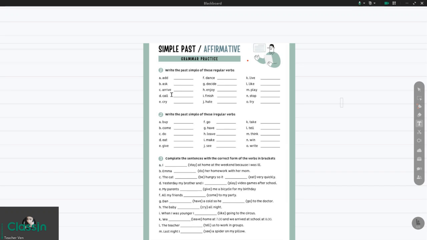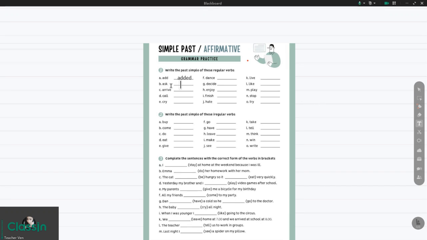For this one, letter A, we have add. So what is the past simple form of these regular verbs? Okay, let's try writing here. For add, it's added. Okay. Let's just try answering this one by one so we can practice.